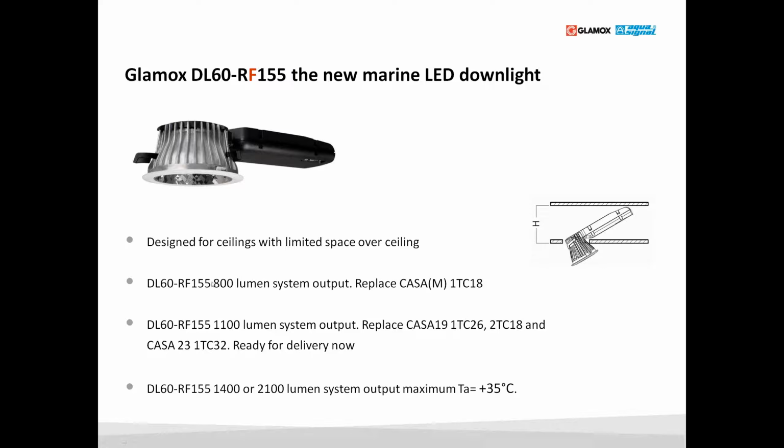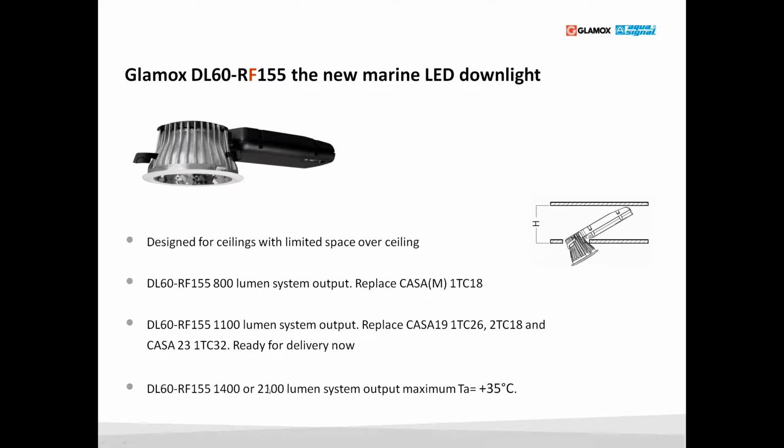But mostly you want a more homogeneous light, and the height of the vessel from the floor to the ceiling is limited. The more lumen you put in, the more glare there will be, with light dots in the corridors, for instance. So they prefer the 18 watt replacement, the 800 lumen.